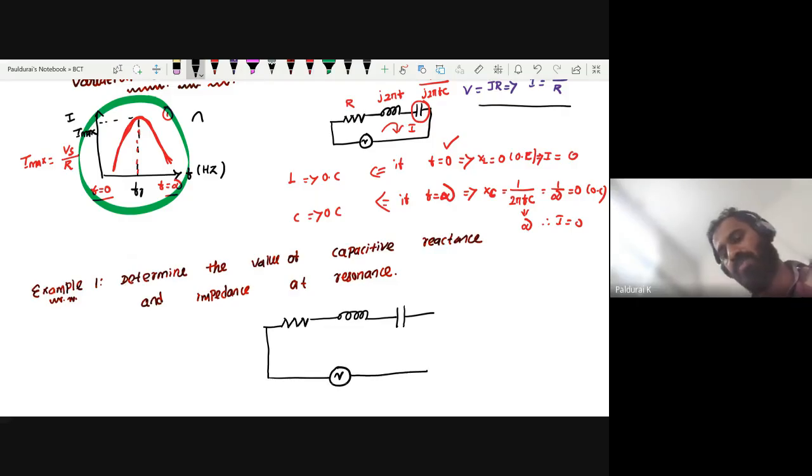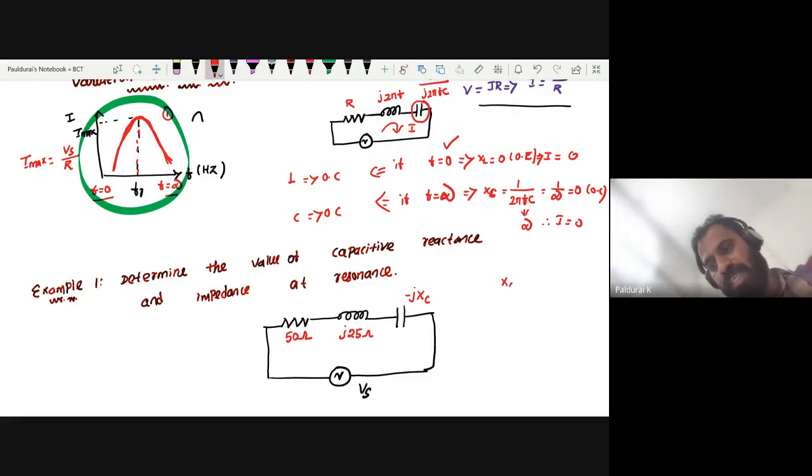It is a series RLC circuit, and I'm applying some voltage Vs. This is 50 ohm, this is j25 ohm, and this is minus jXC. You want to find two things.